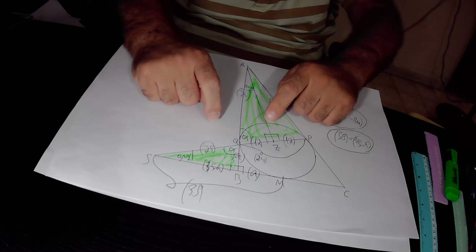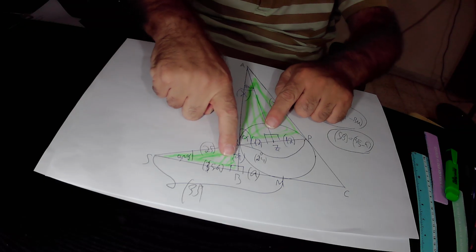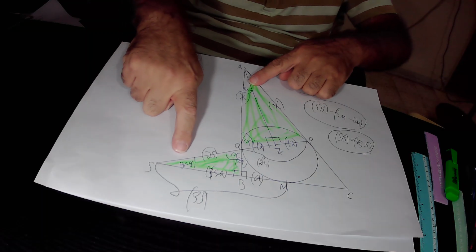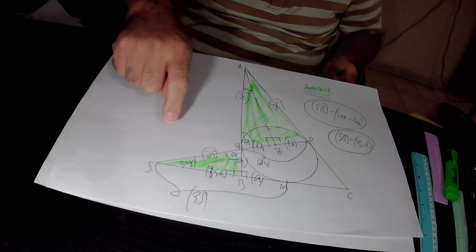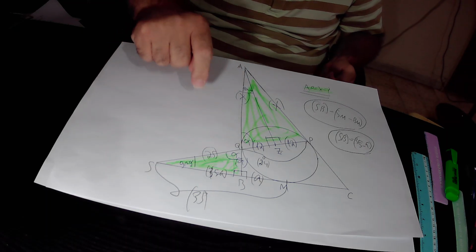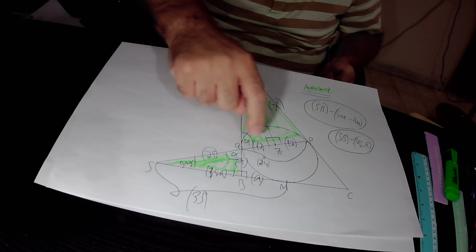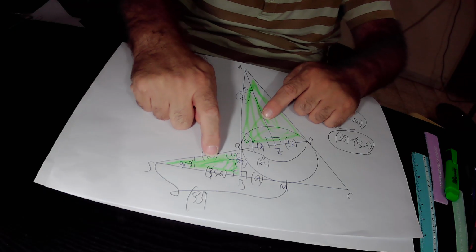That is to say, those two angles are both equal to alpha, those two angles are both equal to 90 degrees, and those two angles are both equal to 90 degrees minus alpha, and therefore they are equal to each other. So all the angles of this right triangle SQB are correspondingly equal to all the angles of this right triangle AQZ, and therefore those two right triangles are similar to each other according to the angle similarity rule.